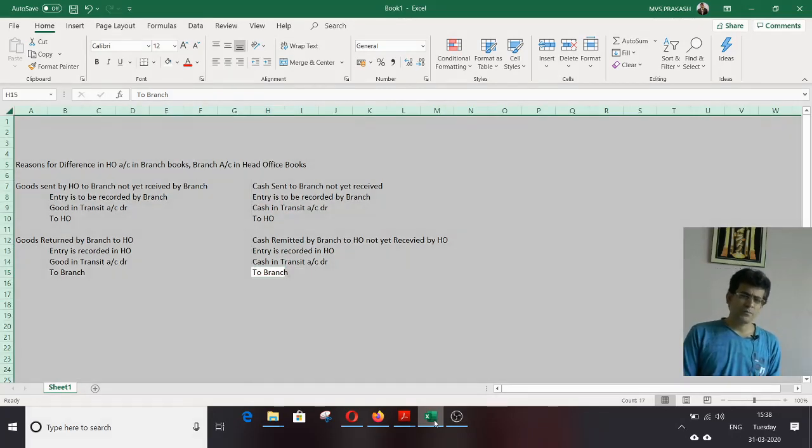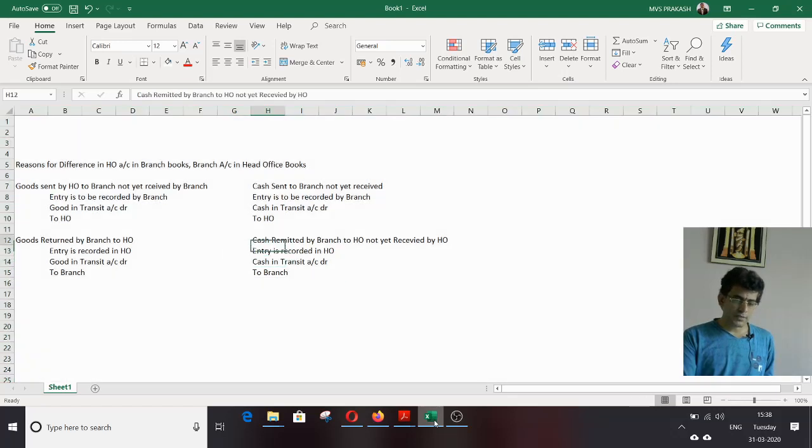See, in this problem, let us do the reconciliation. Of course, that reconciliation is not important here, but for your understanding, with the help of these 4 entries, let us try to do the reconciliation. For doing a reconciliation, I need to open 2 different accounts.